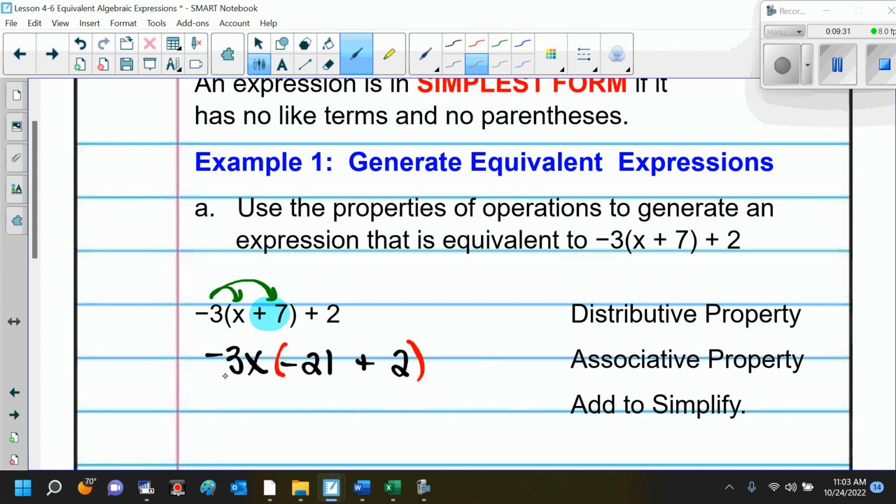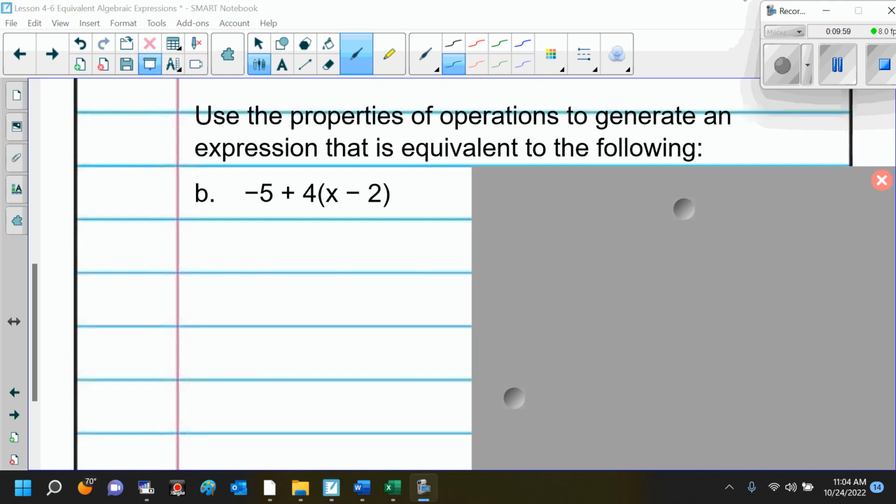Here we have the negative 3x, that stays the way it is. And then we have negative 21 plus 2. Negative 21 plus 2 is what? Negative 19.